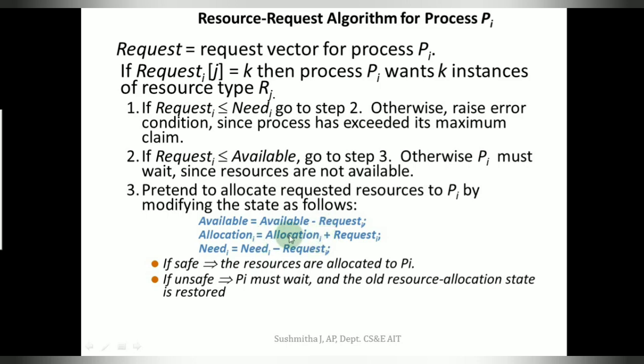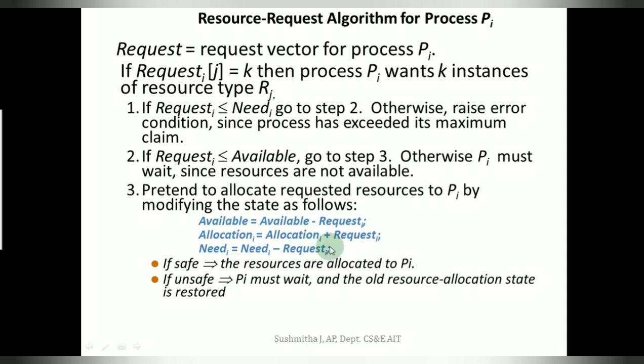And also the allocation is where we are adding the request, assuming that we have allocated. Now the allocation becomes allocation plus the request. And again the need matrix is also changed. Now the need becomes need minus the request.